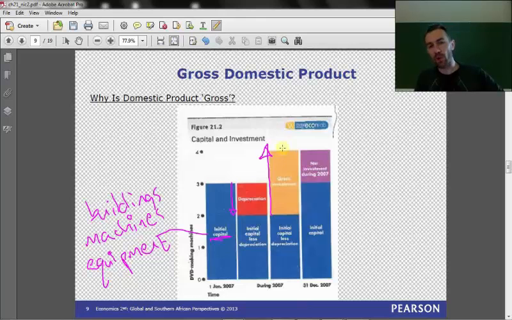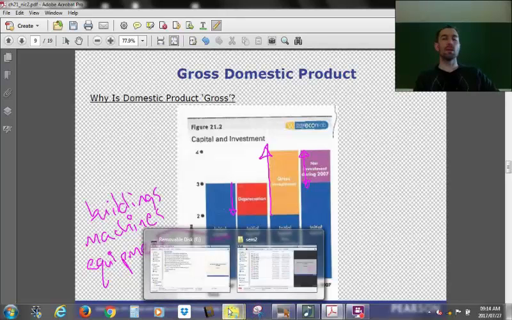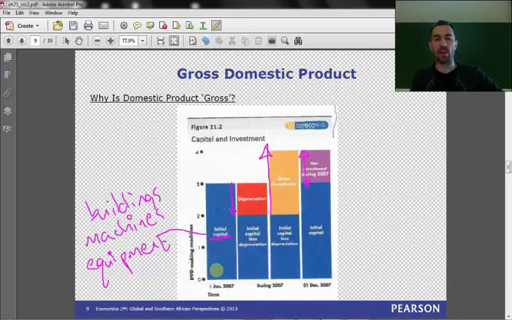If I take gross investment and I minus depreciation, I will end up with net investment. And you can see the total value of my capital has increased by the value of net investment. Because it went up by this amount, but it went down by this amount. So overall, the net change was this little purple block. Everyone with me?